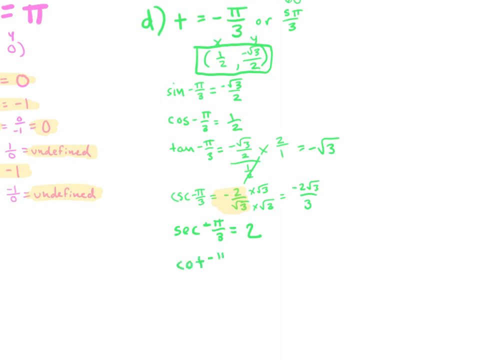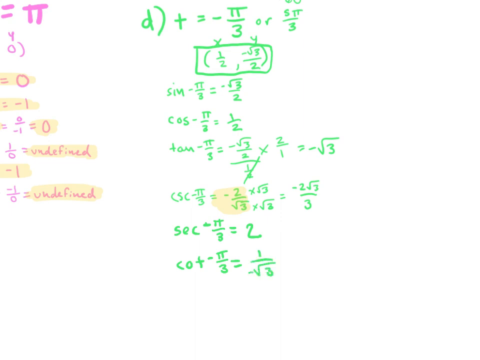Next we have cotangent. So what would our cotangent be? Is it 1 over negative square root 3?